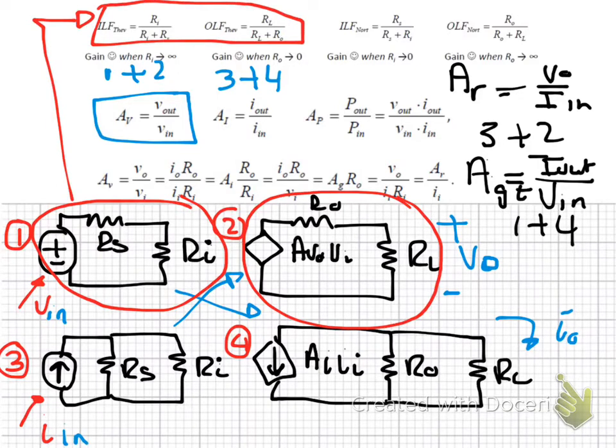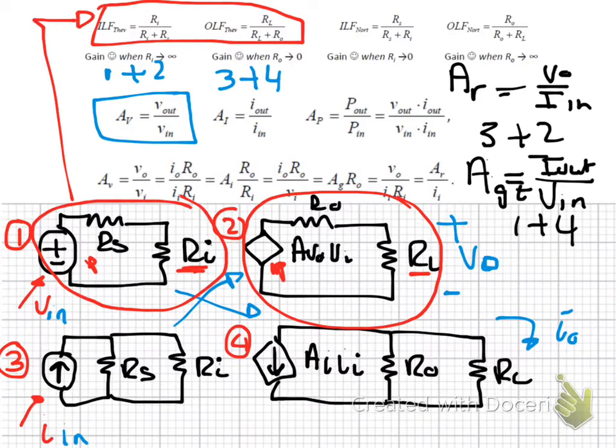That's basically just a voltage division. It's how much of the input voltage from here or from there is delivered all the way to your output.